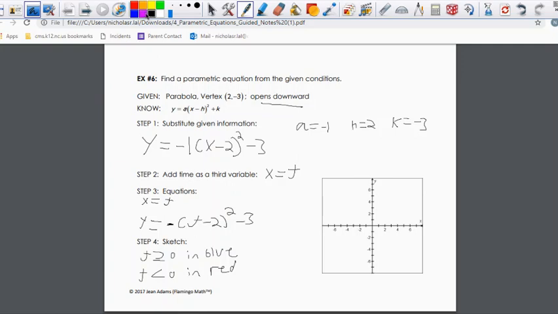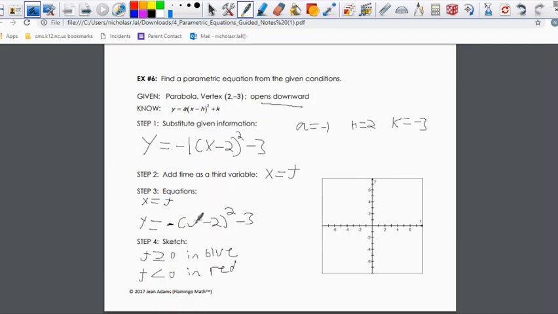So when t is greater than 0, let's plot things out. We have when t is greater than or equal to 0. So let's do when t is equal to 0. When t is 0, x is 0.